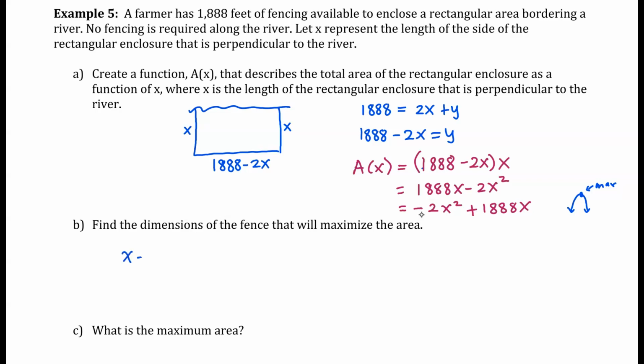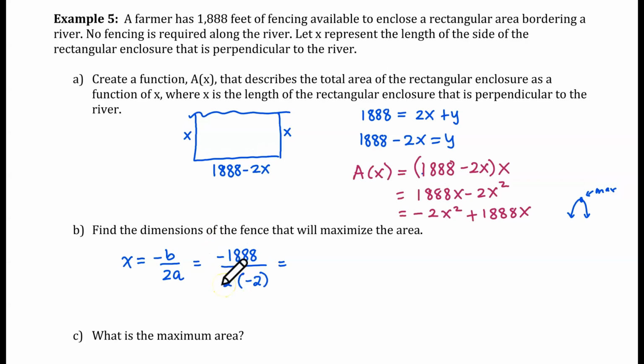So we get first the x coordinate, and that is given by the formula negative b over 2a. So referring to this equation here, b is 1,888. So negative 1,888 over 2a. 2 times our a is negative 2.